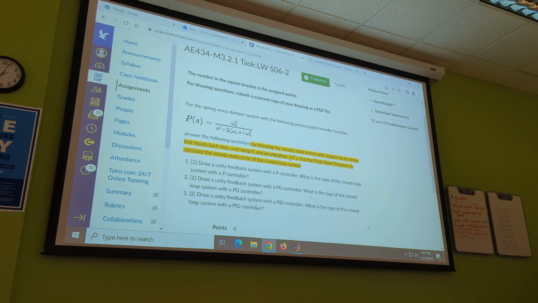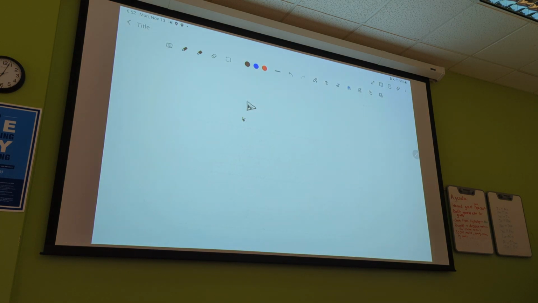How can you switch displays? For 2, he wants PD control, right? Yeah. So we're going to have Kp, and we'll have Kd times the derivative, which in the s domain is s. Just write s there. And then you sum these together.